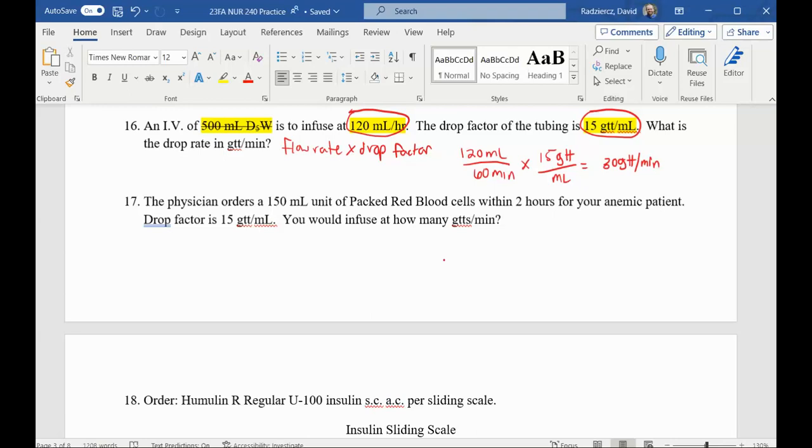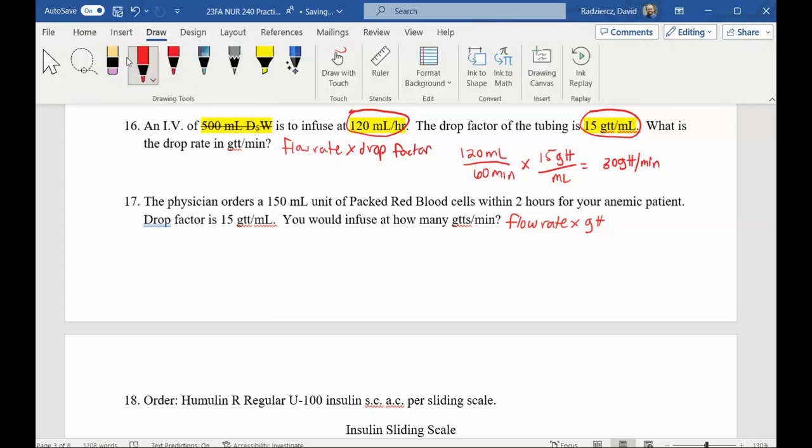I had this conversation with somebody because they were saying, can't I just do dimensional analysis? And I'm like, well, yeah, that's what this is. I just simplify it by saying you need 2 pieces of information: your flow rate and your drop factor. Okay, so you need those 2 pieces of information.